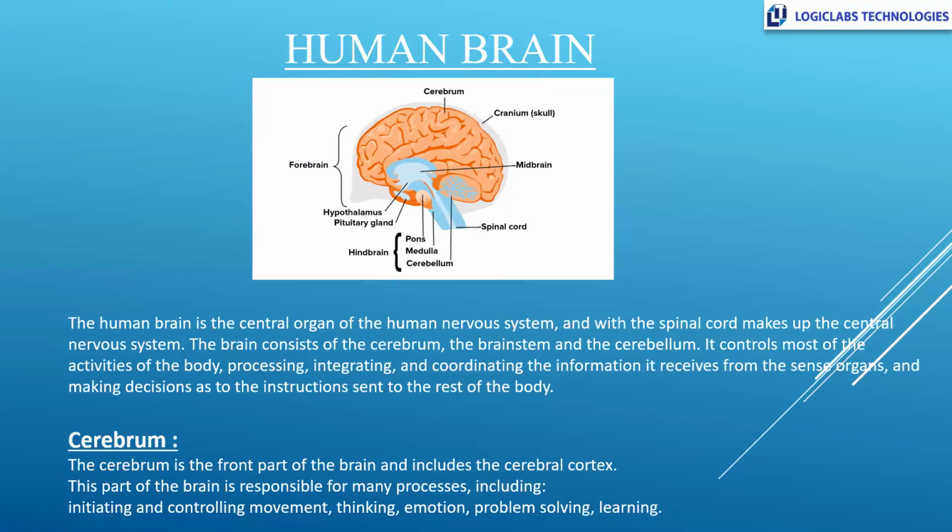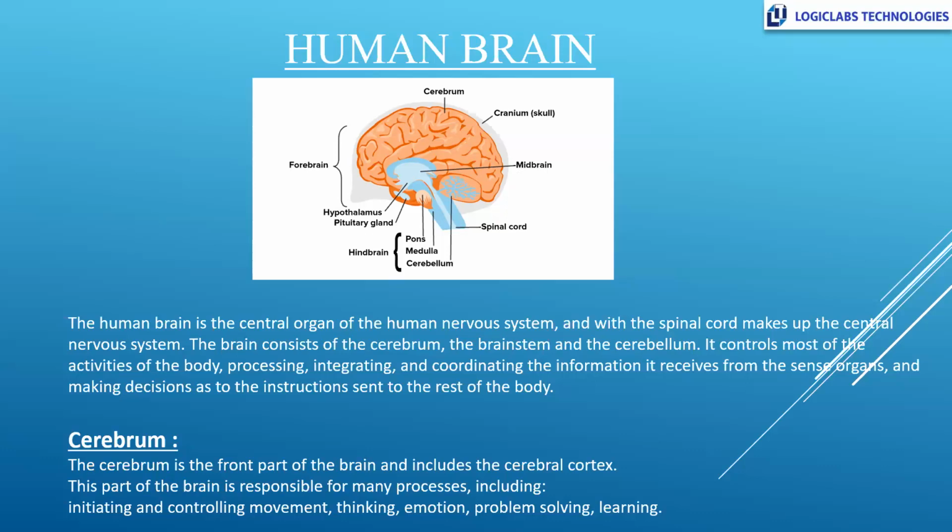Mainly the different parts which are involved in the brain also play a major role in the control and coordination system. Okay, this is the central organ of the human nervous system, and it also accompanies the spinal cord, and the whole nervous system falls into place.